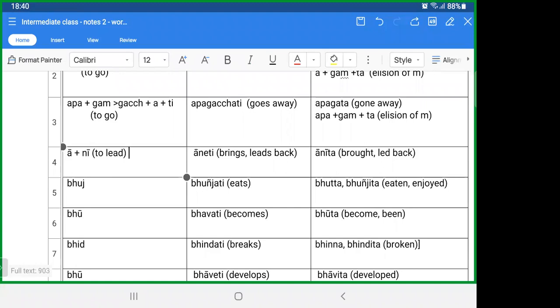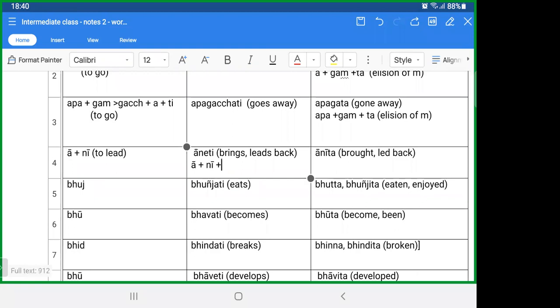Okay, a plus ni, okay. Then you got this one. Then you have to figure out, do you need a conjugation sign or not? A plus ni. So if you need, you have to check the conjugation sign on the, as I told you before, you have to flip to the page at the back. Which page is this?